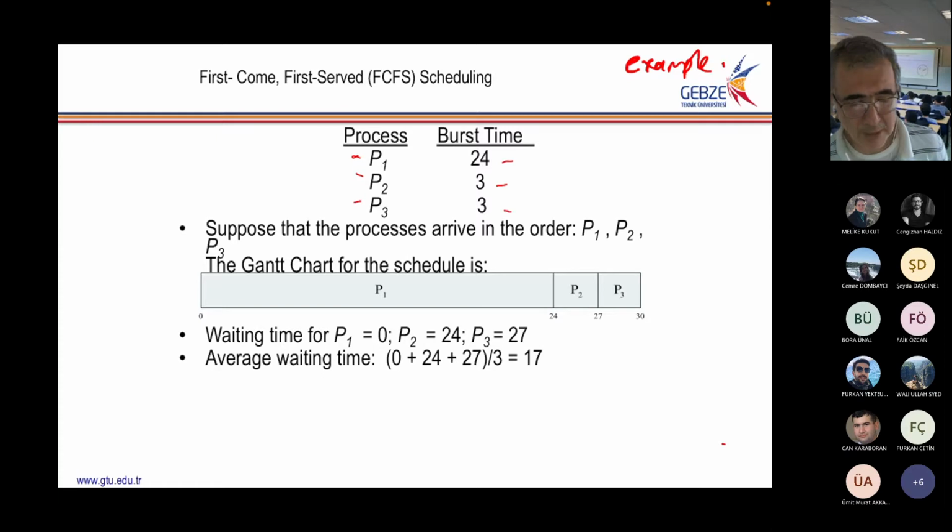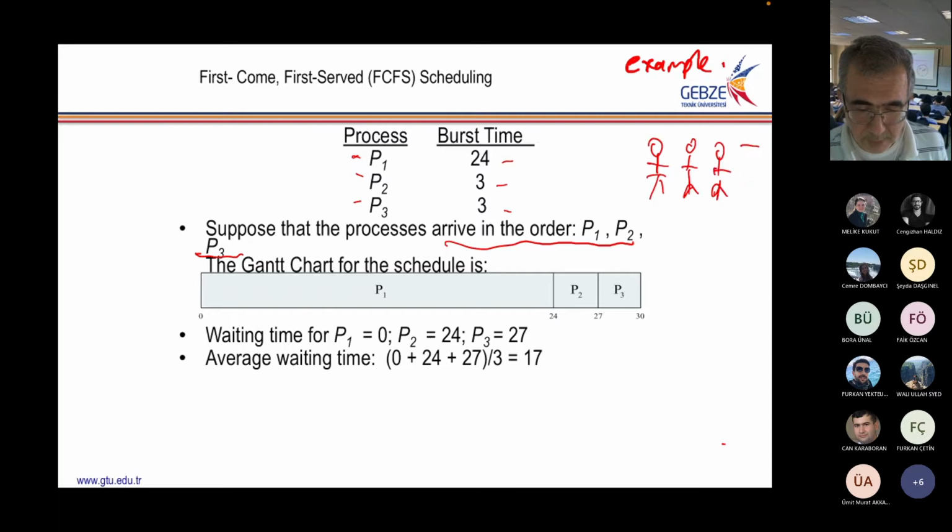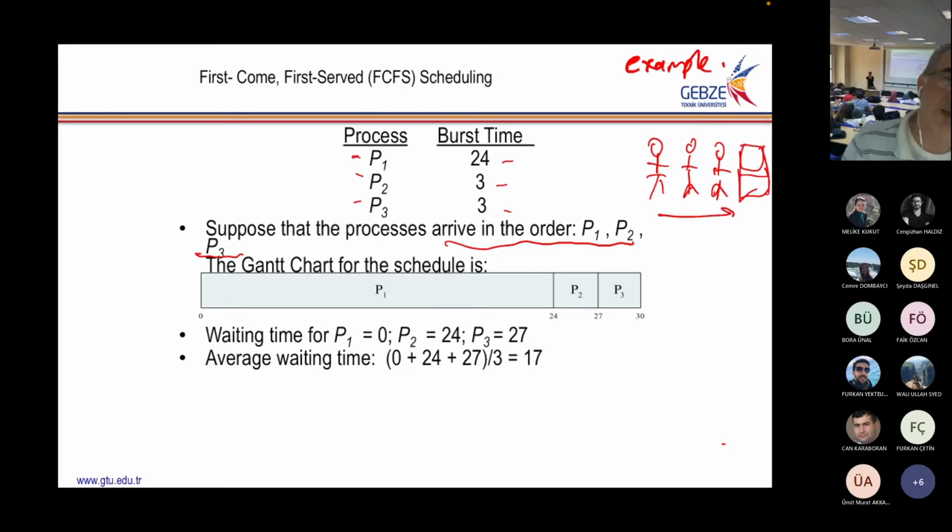The third task takes 3 milliseconds. They arrive in the order P1, P2, P3 at the same time, but they arrive in order. So this is the door in the morning. They arrive at the same time, but there is an order still. They may not arrive at the same time. We will talk about that later in the next example.